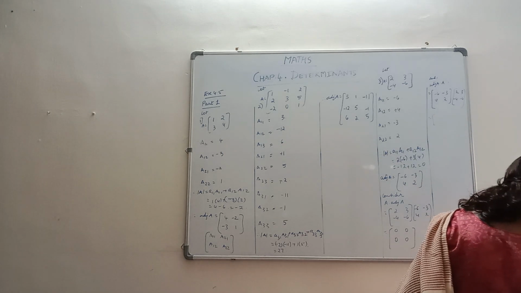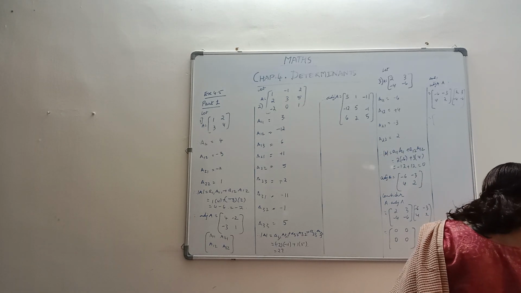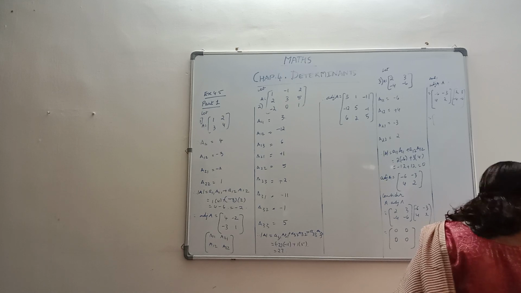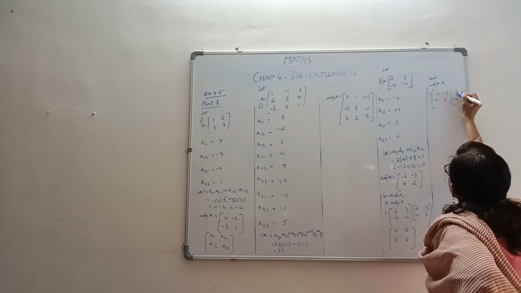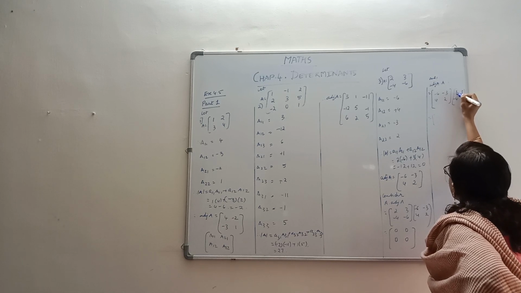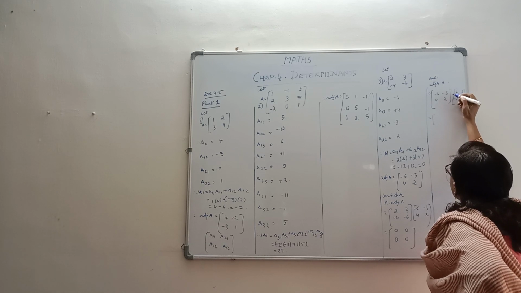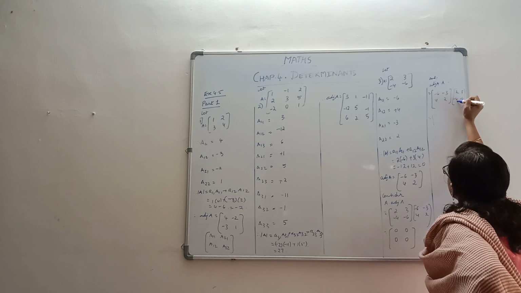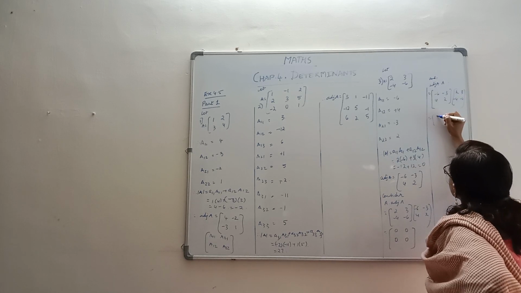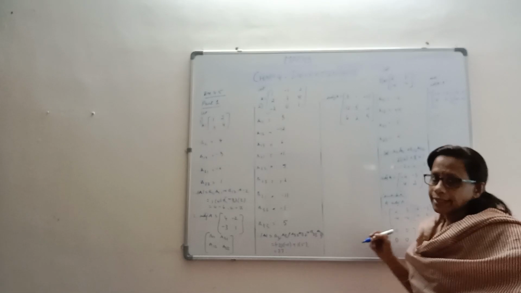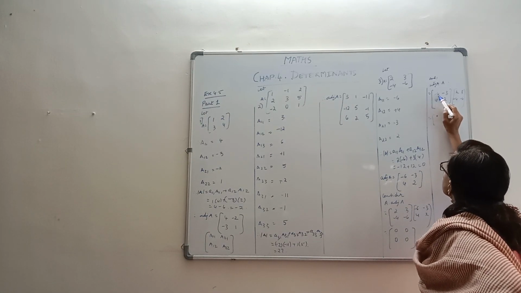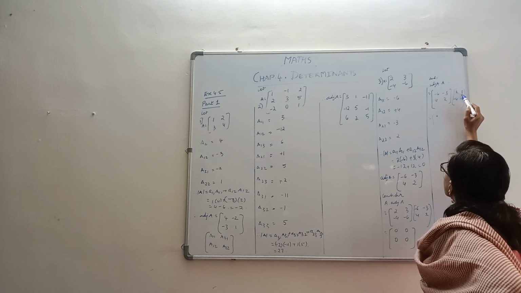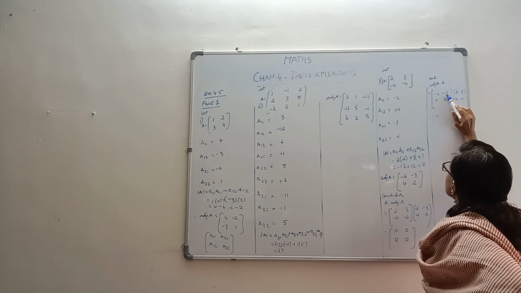I don't know if my entries are correct. Okay, first row, first column. Minus 6 into 2, minus 12. 3 into 4 is 12. I don't know why I'm getting minus 12. Let me move to the second one. Minus 6 into 3 is minus 18.